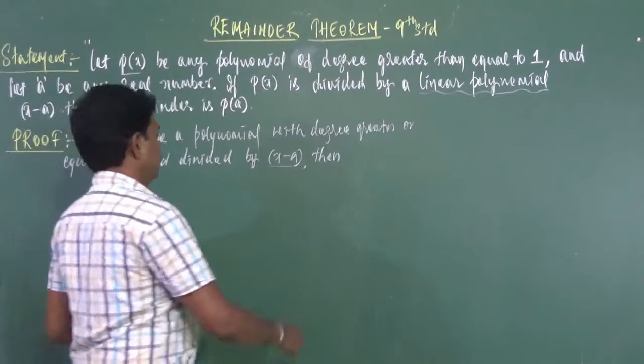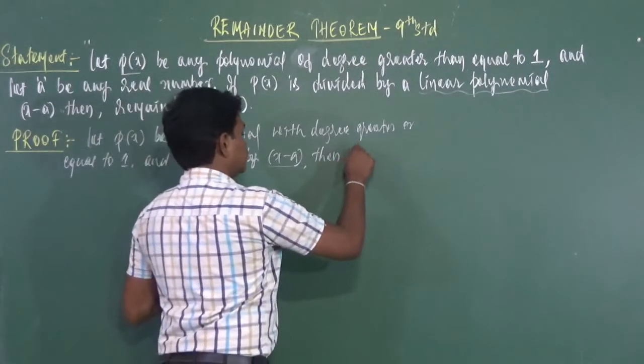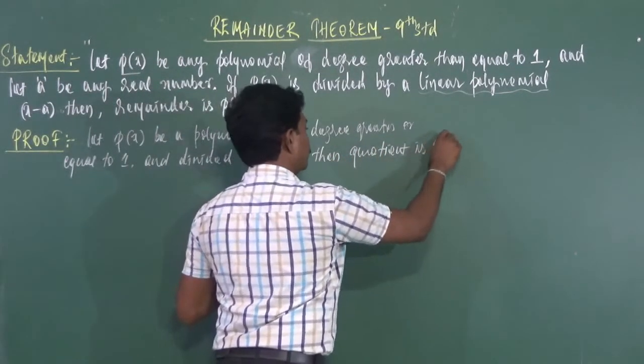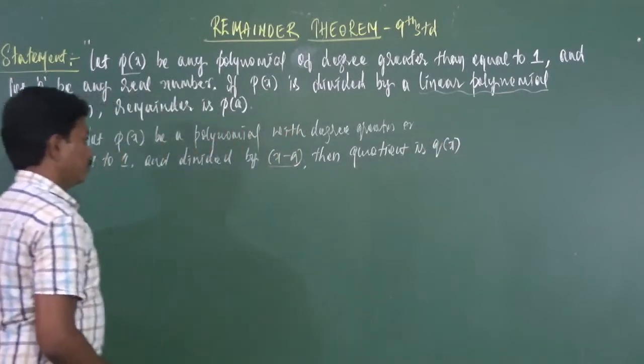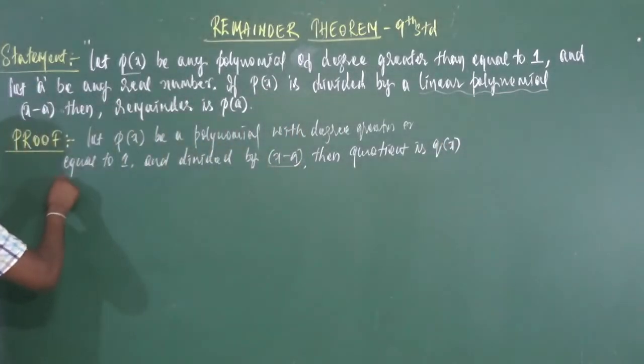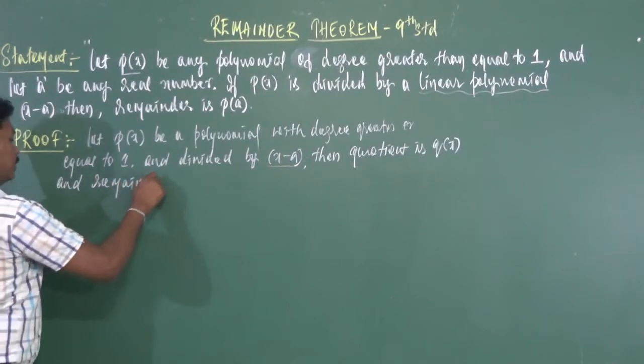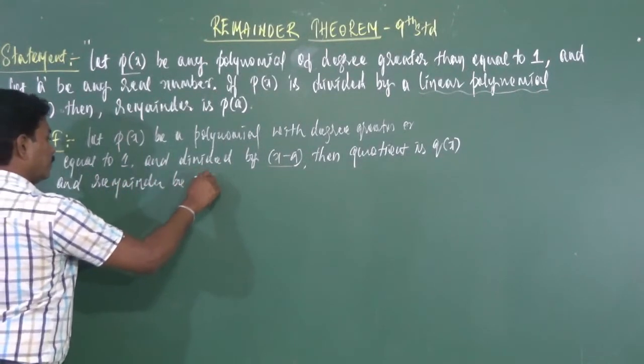Then quotient is q of x and remainder is r of x.